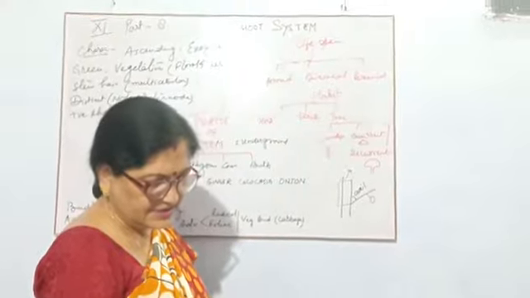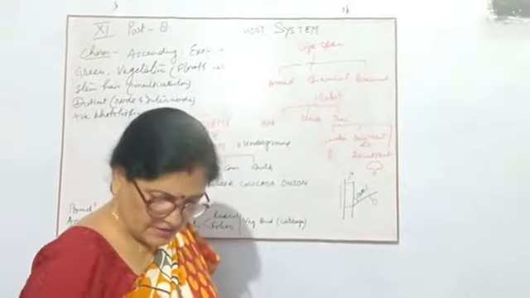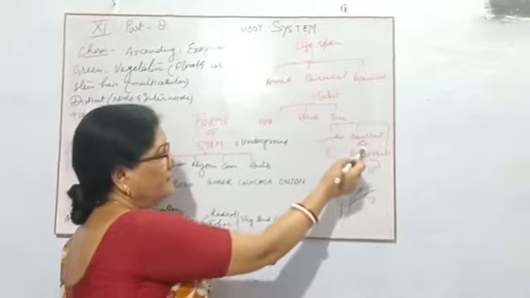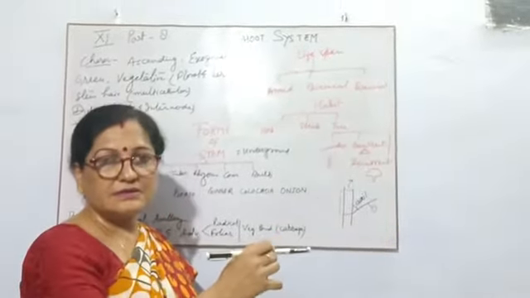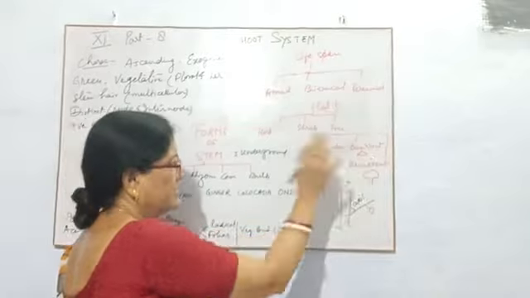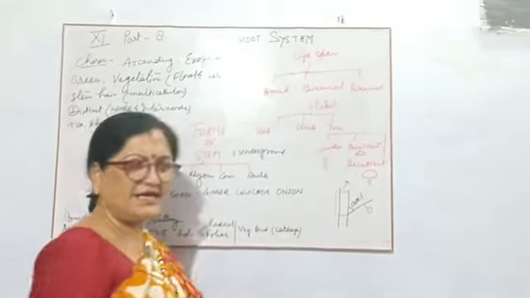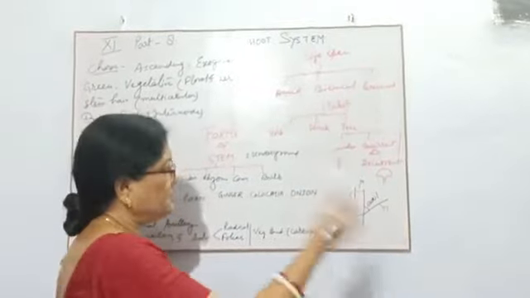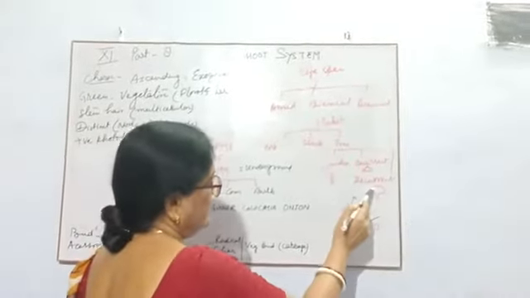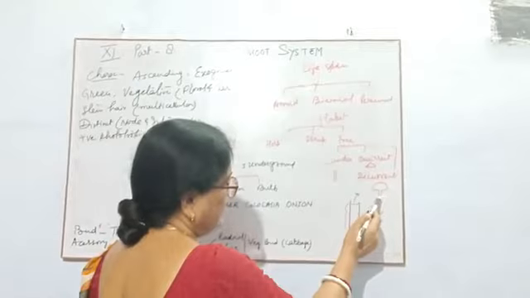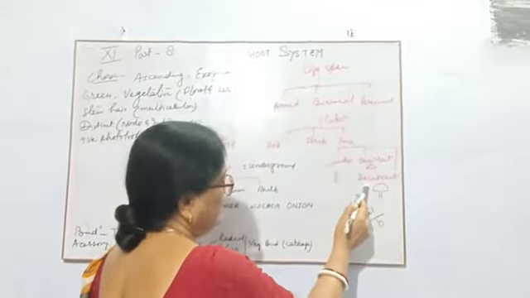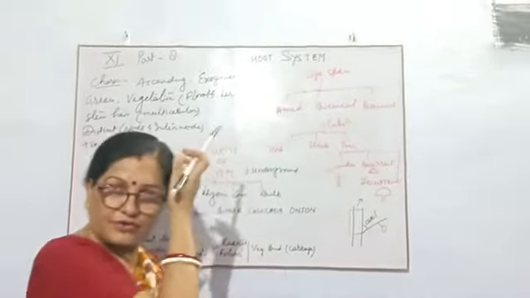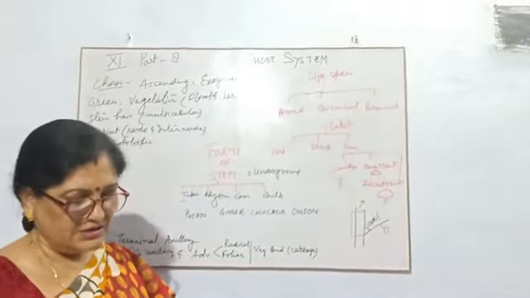In excurrent, for example, pinus belongs to the excurrent. And then decurrent. In decurrent, all the branches are spread outwardly and they have leaves, they have a woody trunk, and this type of tree is known as decurrent, as mango tree, guava tree, all these things.